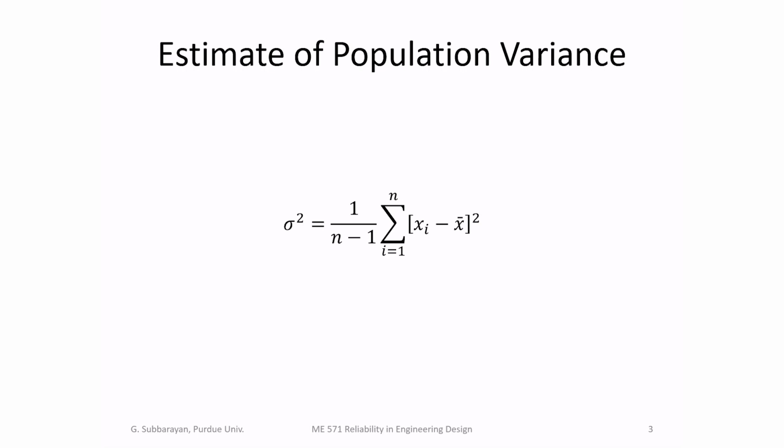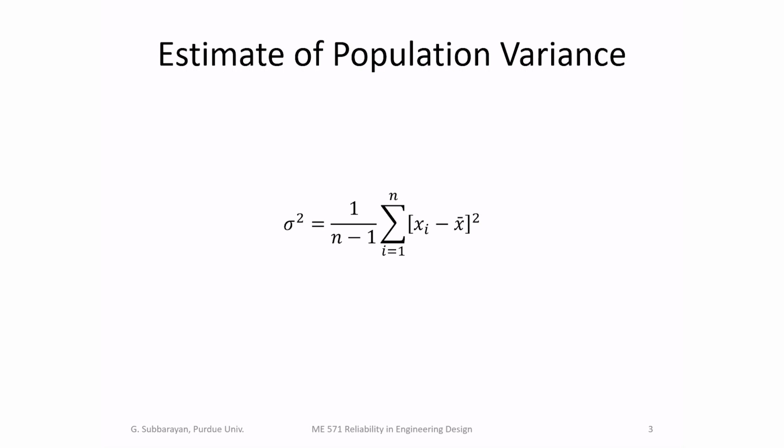In the previous slide, we saw how we could estimate the population mean: the expected value of the sample mean would be equal to the population mean, and the variance of the sample mean we saw was equal to sigma squared, the population variance, divided by n.